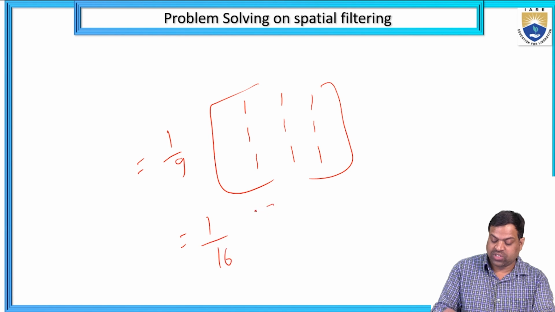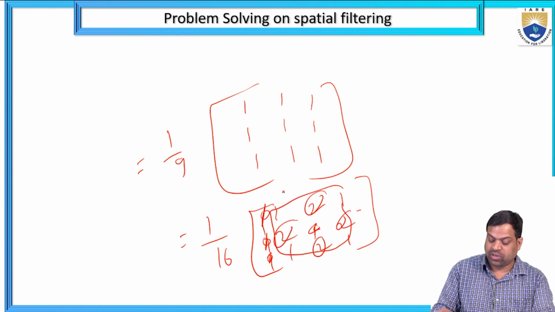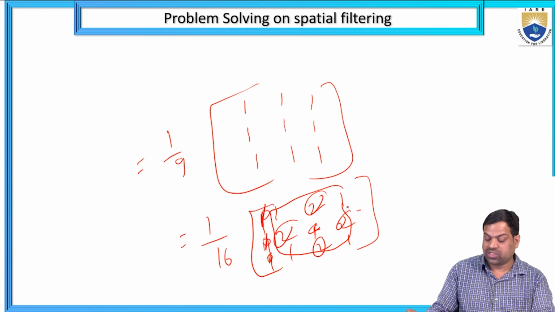If I am taking 1 by 16, then only adjacent values are taken, remaining all zeros. Okay, so remaining all ones. It is a 1 by 16.